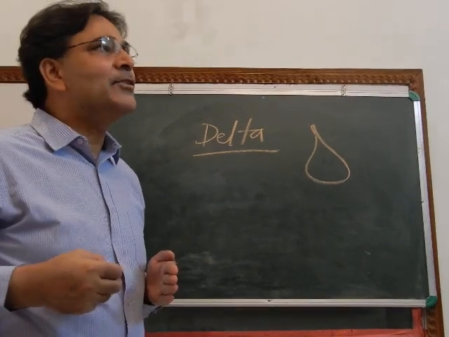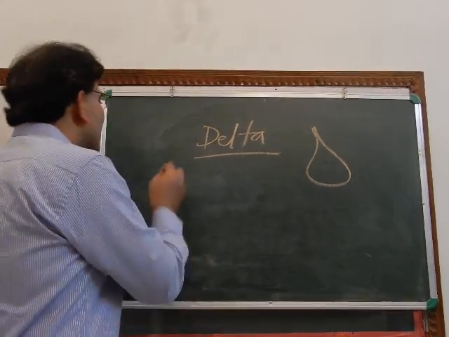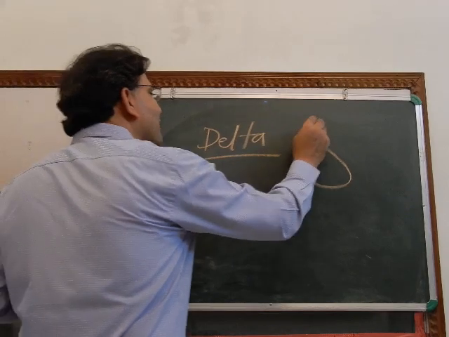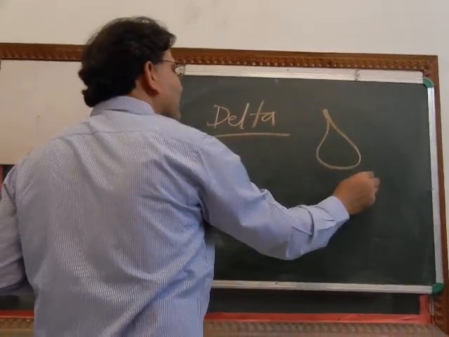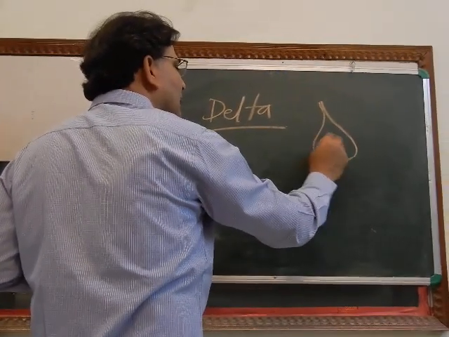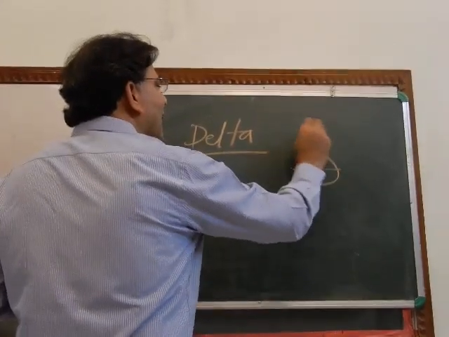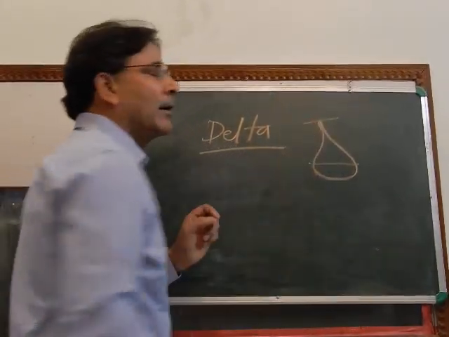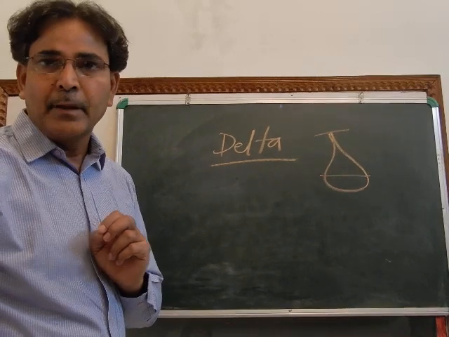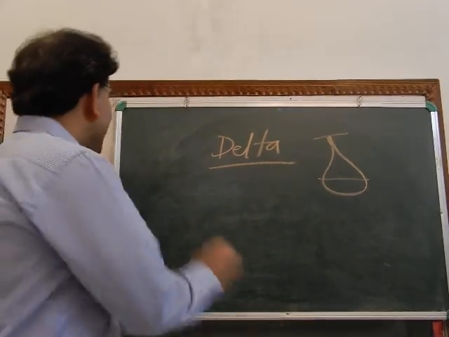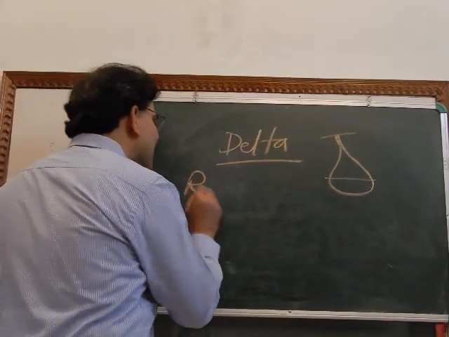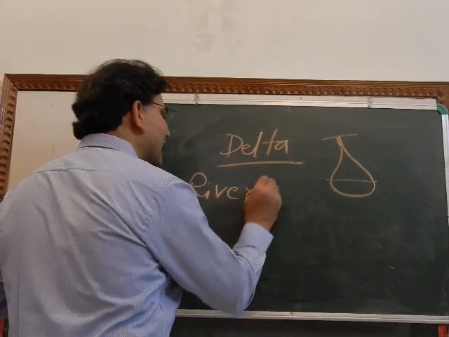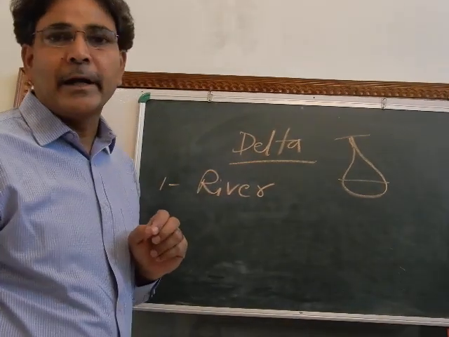There are generally three types of delta, because a delta is a setting where marine processes operate in the lower part of the delta and fluvial processes operate in the upper part of the delta. Number one, the delta in which river processes are dominant is known as a river dominated delta.